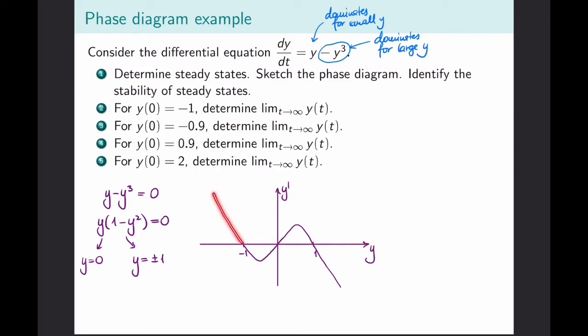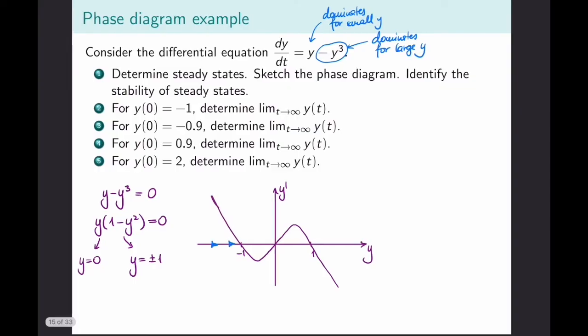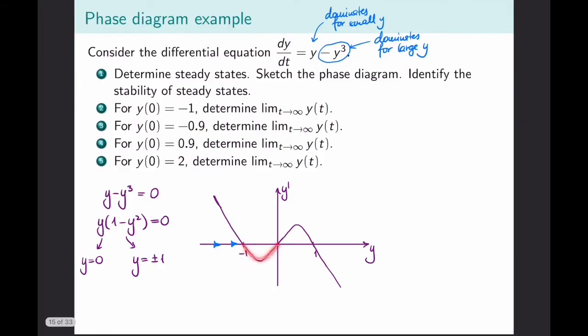If the graph is above it, the arrows point to the right. If the graph is below it, the arrows point to the left. If the graph is above it, then I go to the right again. And if the graph is below it, which is the case on this last region, then the arrows once again point to the left. Now I simply have to follow the arrows.